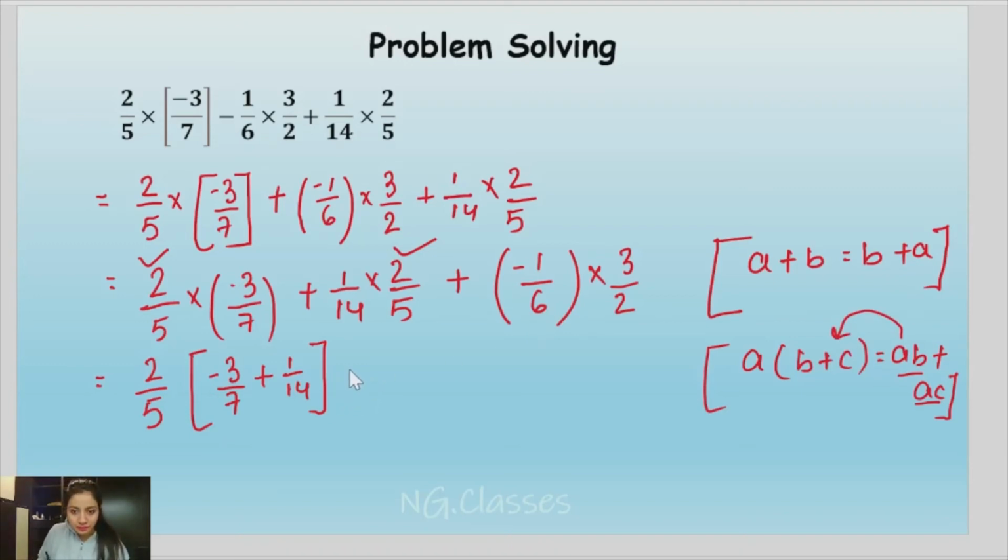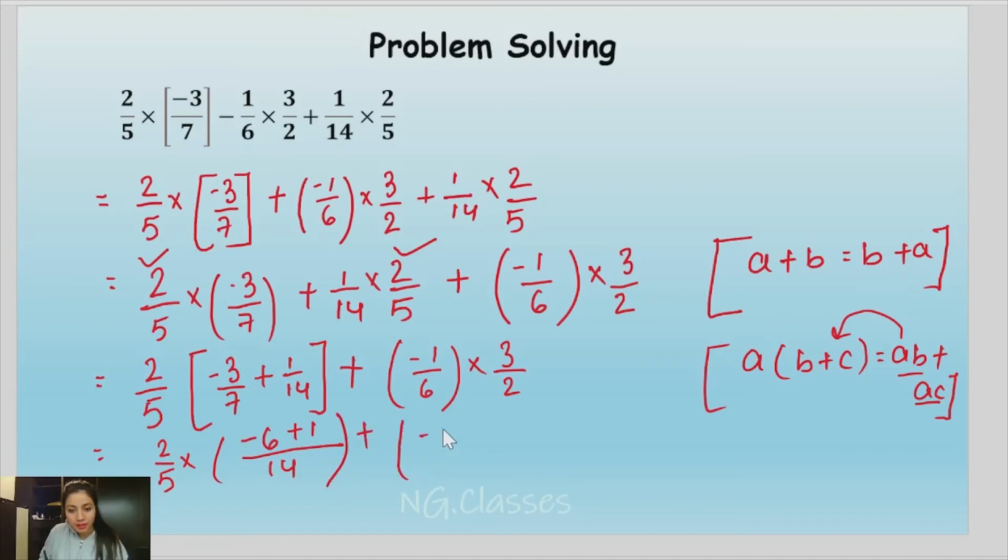Reverse of the distributive property, or I am just taking out the common factor. So the last term will be as it is, into 3 by 2. Now solve the bracket first according to BODMAS. Now we'll solve the bracket at first. So 2 by 5 into, here the LCM will be 14, 7 twos are 14, so it will be 6, and plus 1.